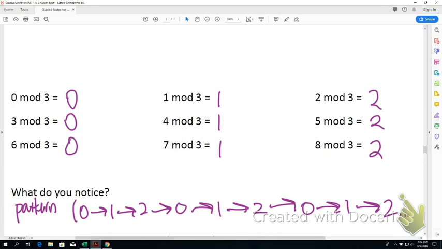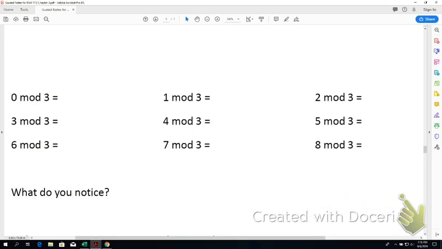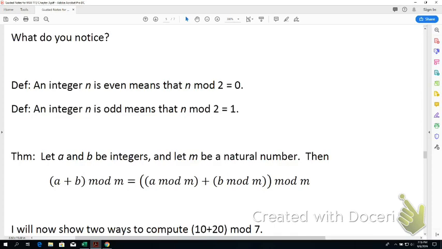So if I did mod 5, the possible numbers I could get out for the remainder would be 0, 1, 2, 3, or 4. Okay, so we're noticing, do we see a pattern? And we do. Okay, so what do we get? Let's talk about now these 2 definitions here.